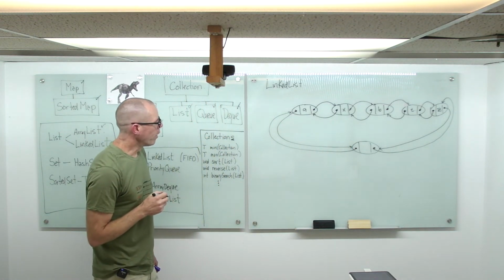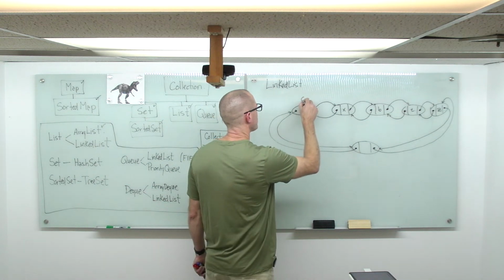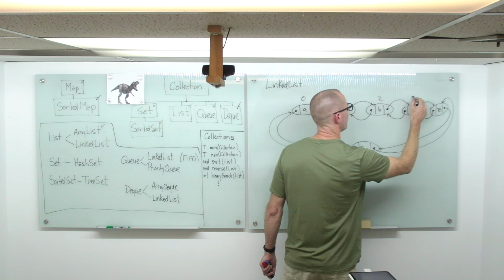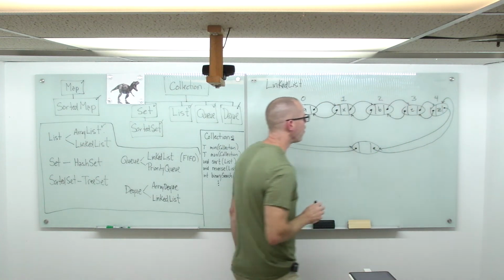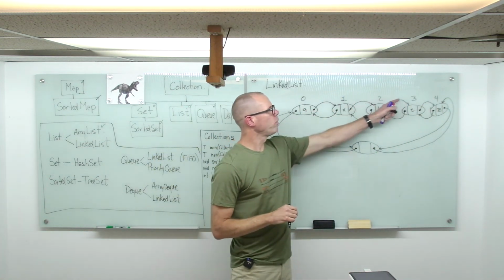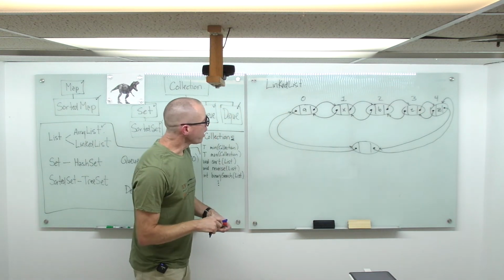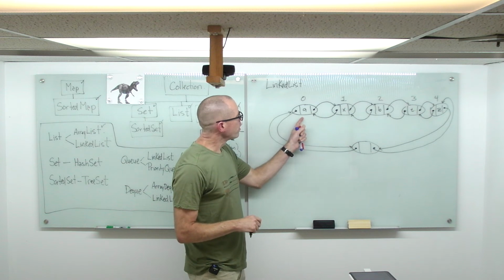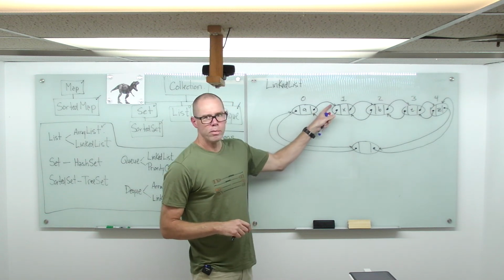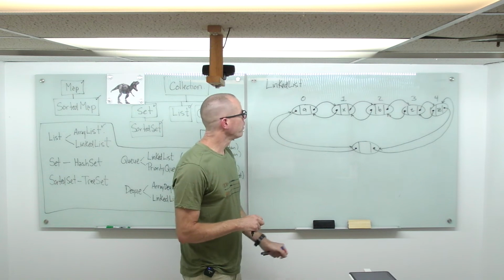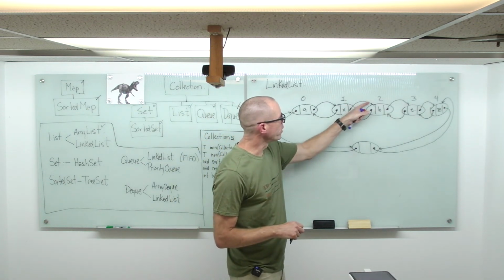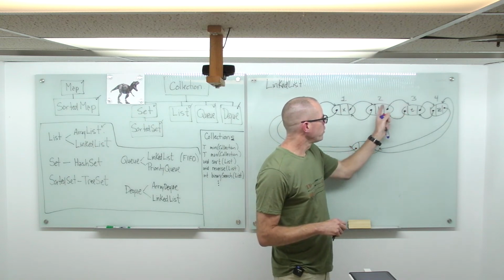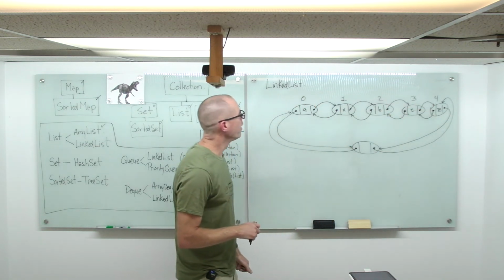Okay, so these things are linked together this way. So remember, the list items have indices 0, 1, 2, 3, 4. And the node for the item at position 0 has a pointer to the node for the item at position 1, and the node for the item at position 1 has a pointer to the node for the item at position 2, and so on.